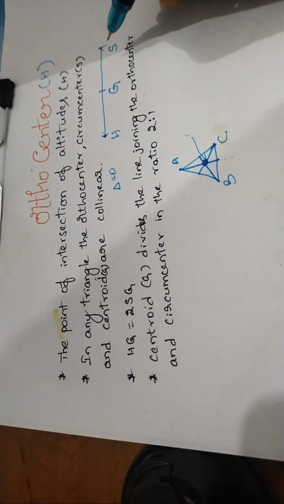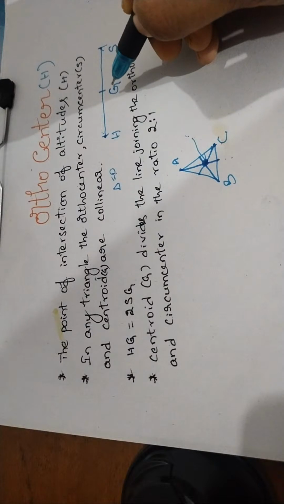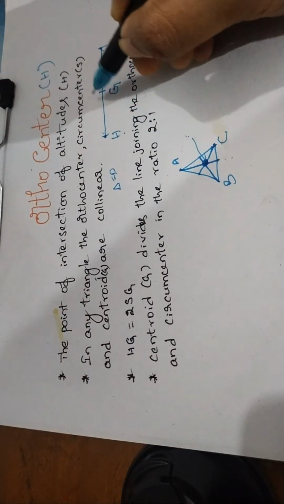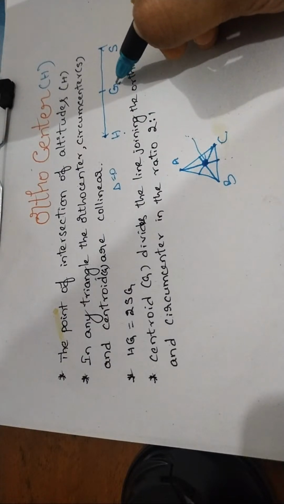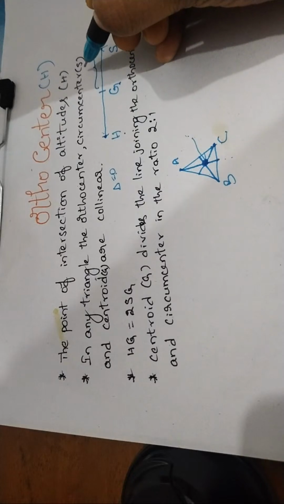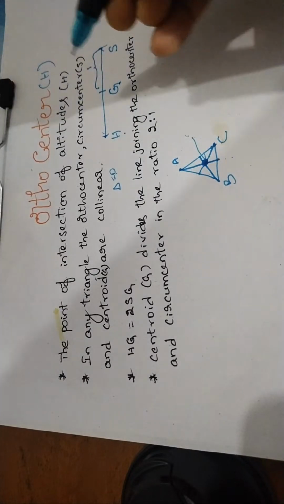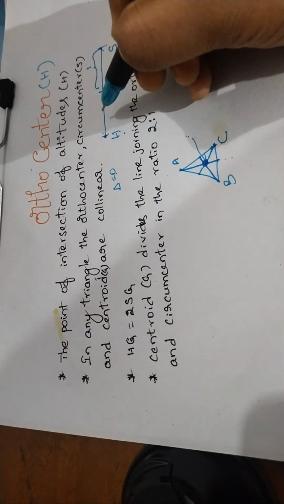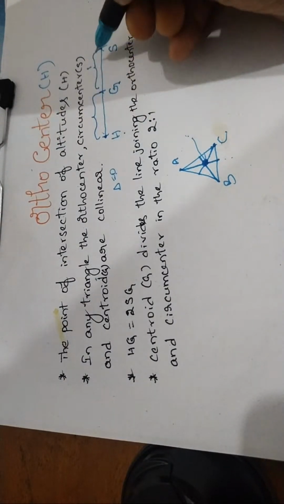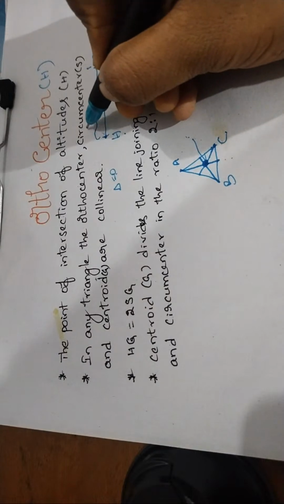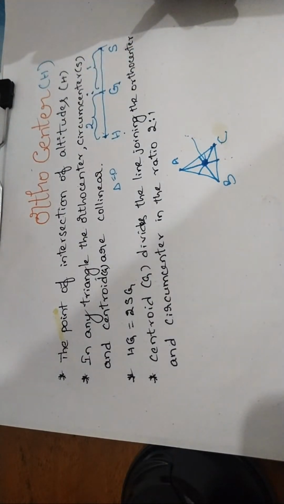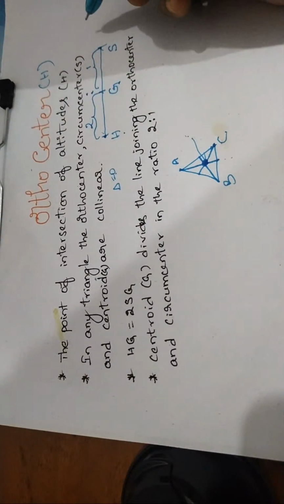Now the distance HG is 2 times SG. Suppose the distance from here to here is 1. Then the distance between H and G is 2 times GS, that is 2. It means the centroid divides the section in the ratio 2:1.